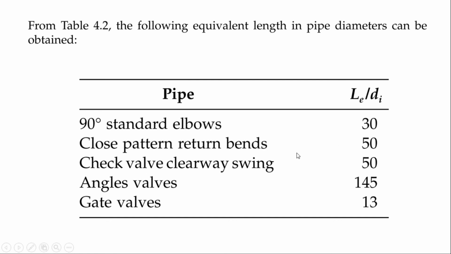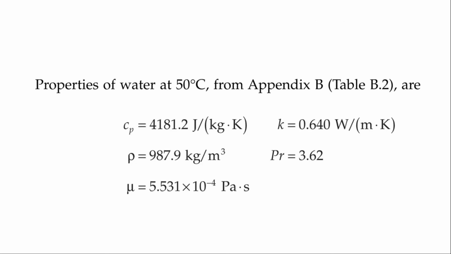So this information is given, right? The properties of the water, which are usually determined at 50 degrees centigrade, are the heat capacity, which is 4181.2 joule per kg per Kelvin, the thermal conductivity, the density, the Prandtl number and the viscosity, right?